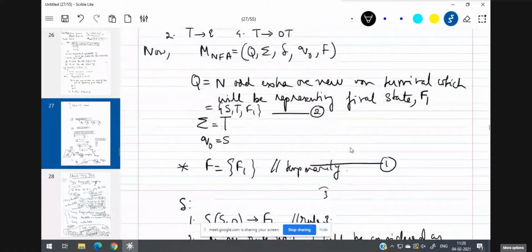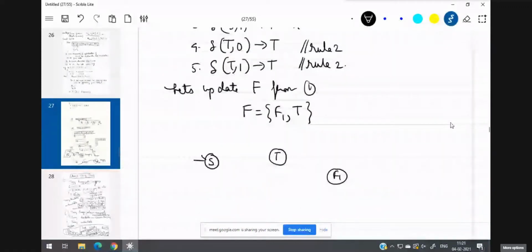I'm not going to update the other parts here because there's no need. Now I'm going to draw the diagram. How many states? S, T, F1. And S is the initial state.